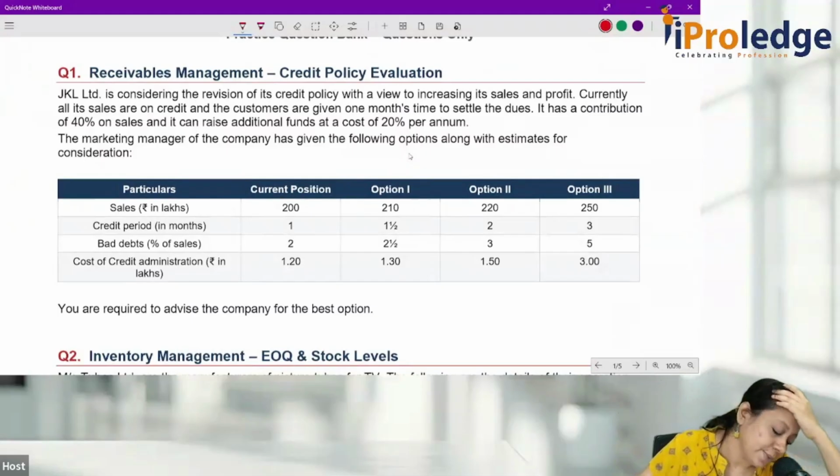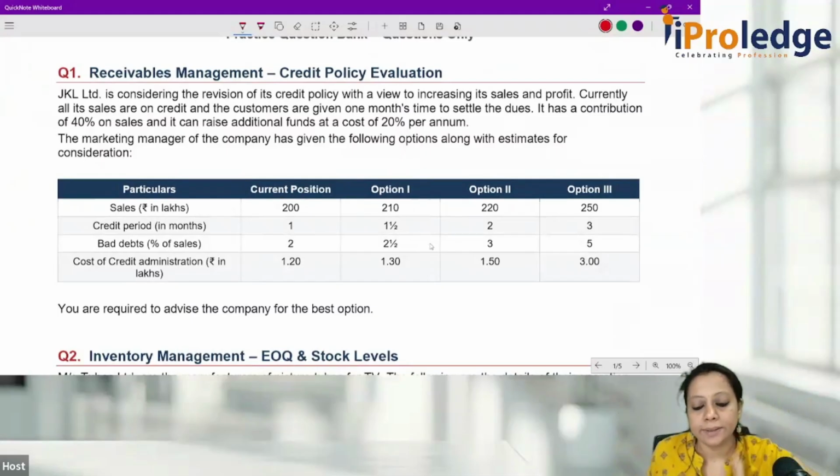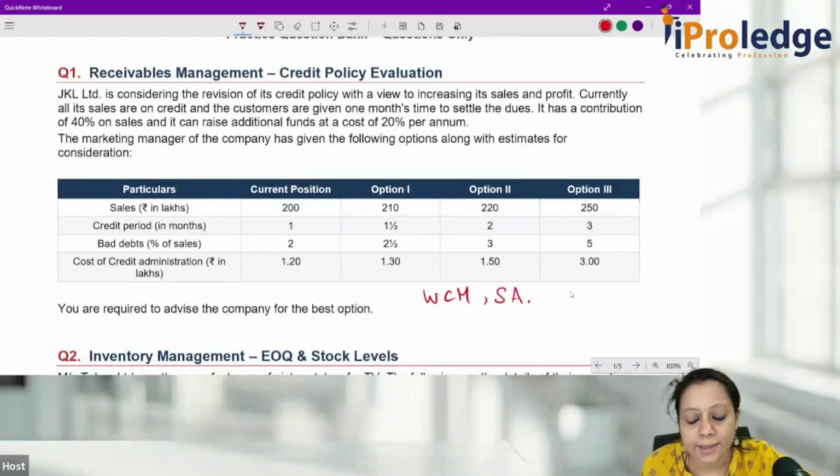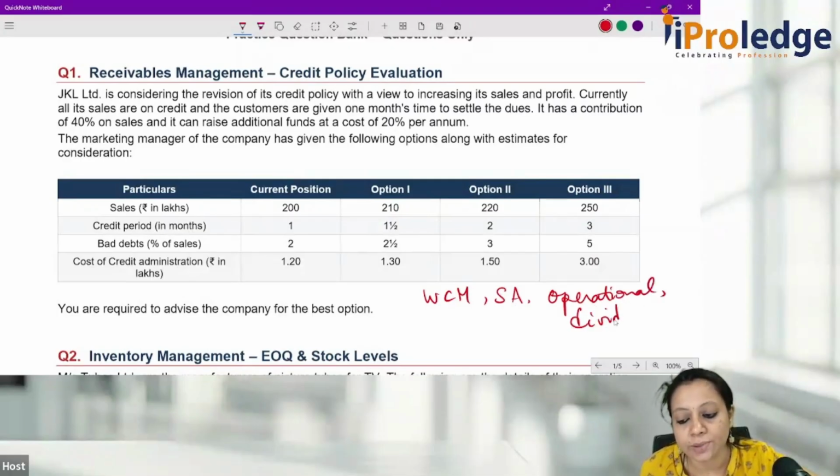So now we will start with the other chapters. What are the other chapters? Working capital management, then security analysis, then operational approach. These are the other main chapters along with the dividend decisions also.